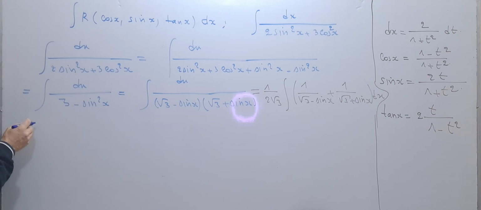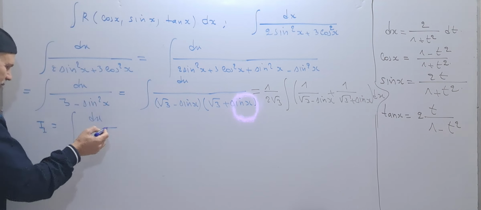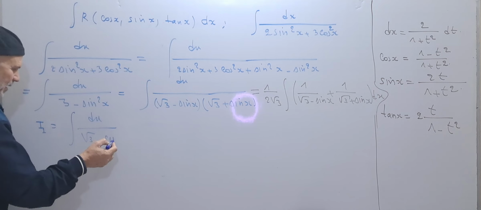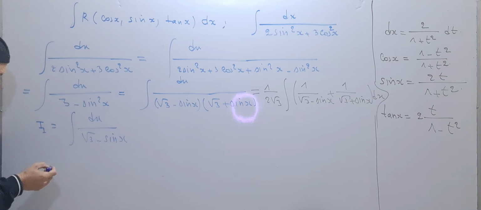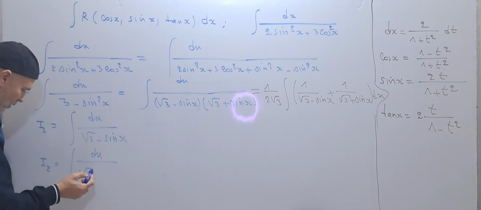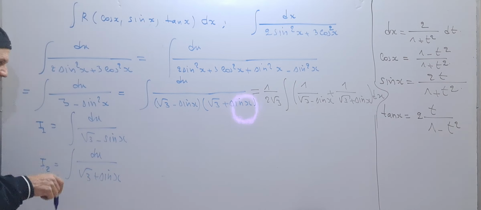So we have to calculate E1, this integral dx over the square root of 3 minus sine x, and E2, the integral of dx over the square root of 3 plus sine x.